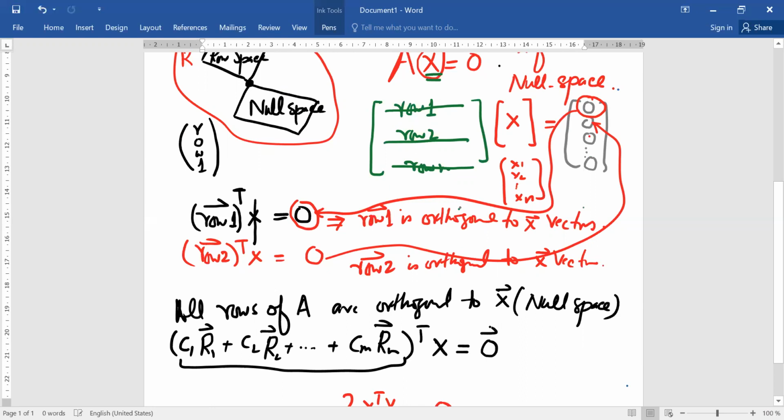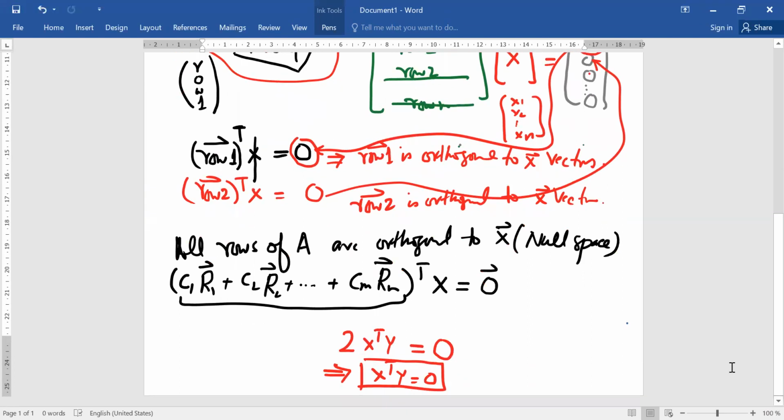So that shows that the whole row space is orthogonal to X, which means everybody.